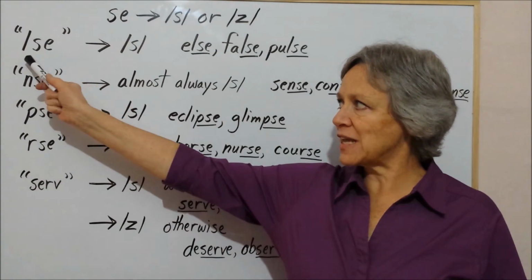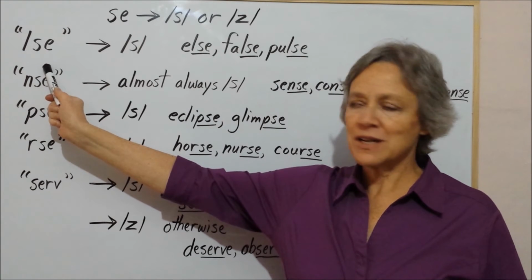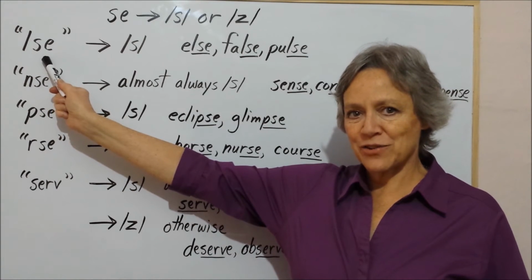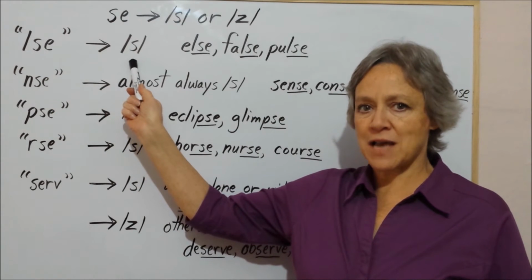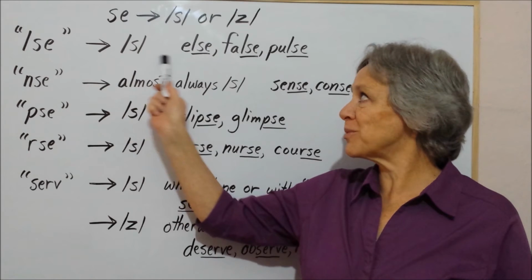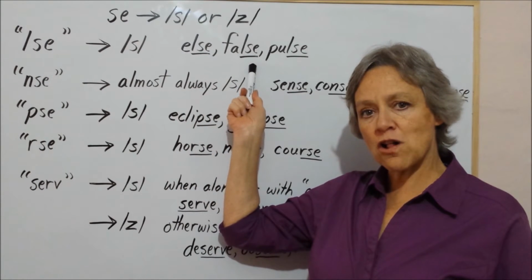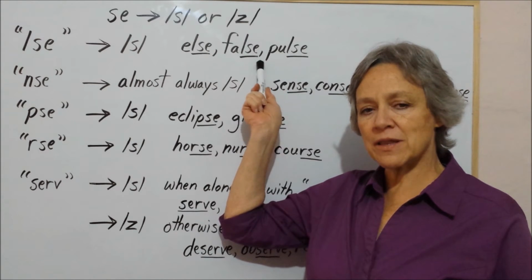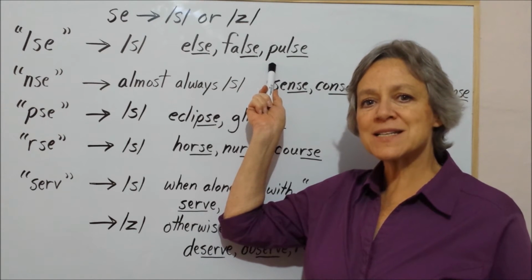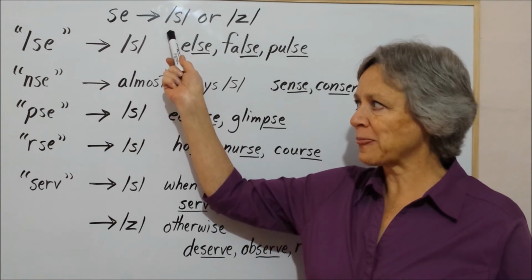When we have the letters L, S, E together in a word, the letter S usually makes the S sound. Here are some examples. Else, false, pulse. So the letter S is making S, the voiceless sound, okay?